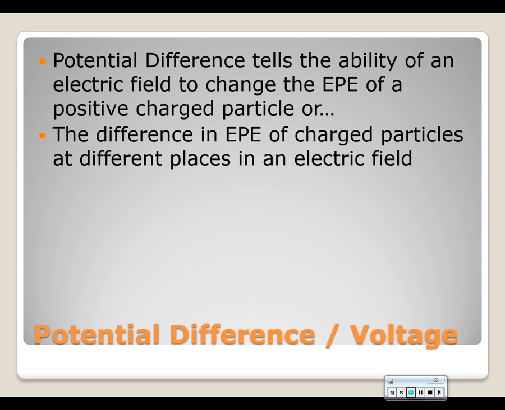Or the difference in the electrical potential energy of charged particles at different places in an electric field. This is like the lowercase g in the mgh formula, except we're not talking about gravity, we're talking about an electric field.